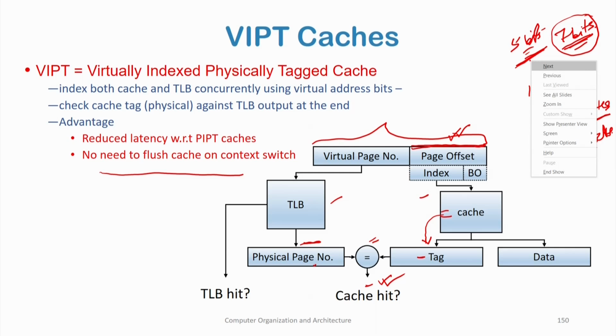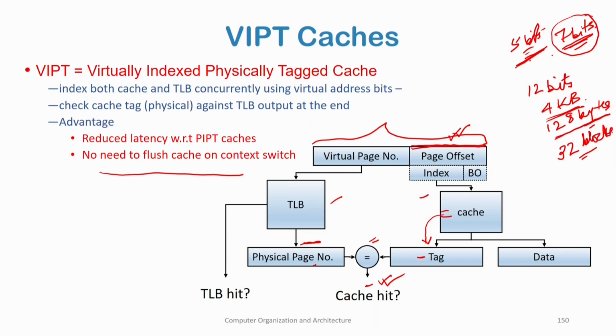Therefore, each cache block has a designated location in the cache, and it cannot be located in multiple locations irrespective of what the virtual address is, because the physical page offset and the virtual page offset are the same.